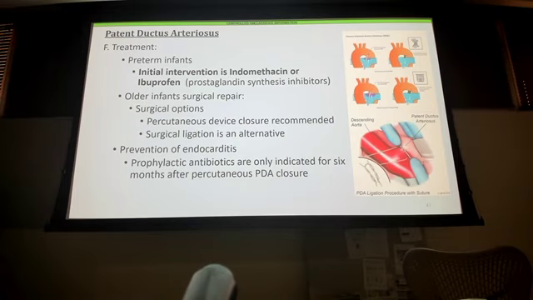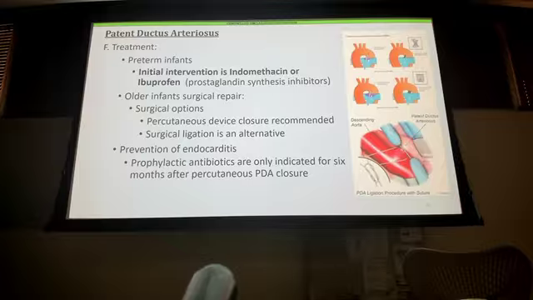Or I can thread wires up through that ductus arteriosus and do things like heat ablation or place some coils that then cause an obstruction of that. So there are some minimally invasive procedures that we can do to fix this, but there is the open chest procedure as well to close that.